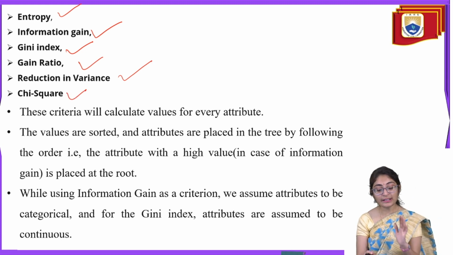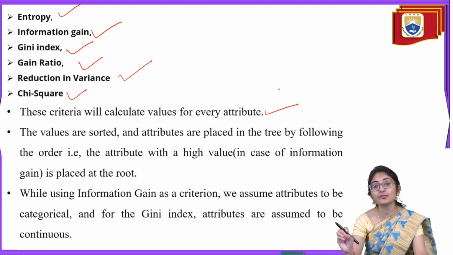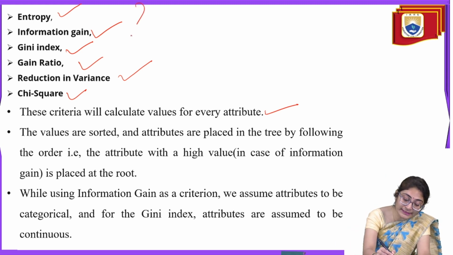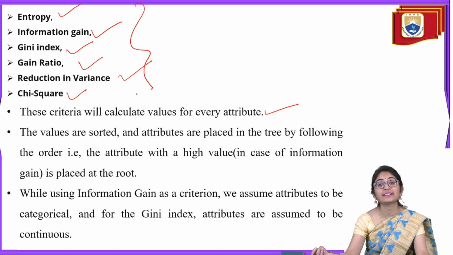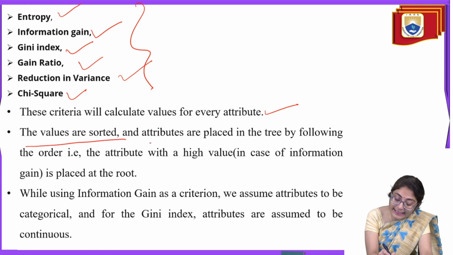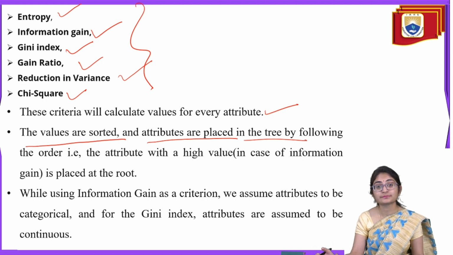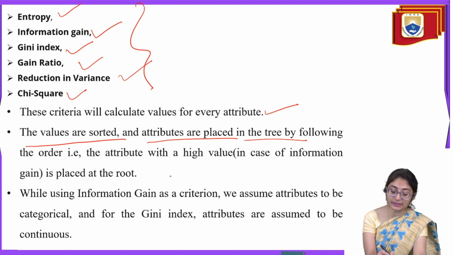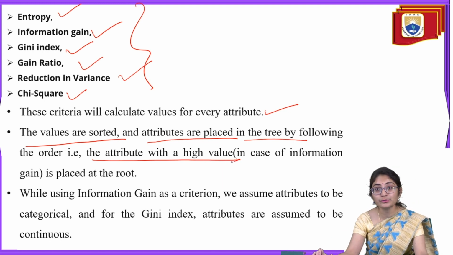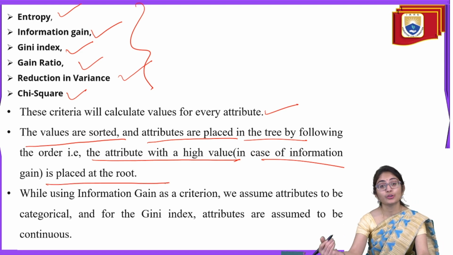These criteria will calculate values for every attribute you use in your decision tree. The values are sorted and attributes are placed in the tree in that order. The attribute with the highest value, in the case of information gain, is placed at the root.